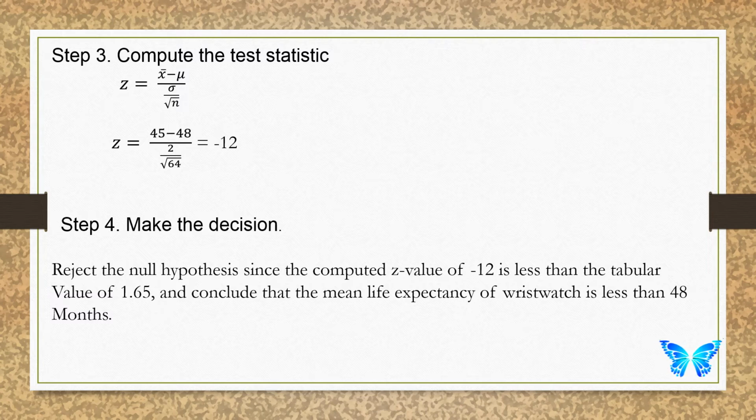Accordingly, from our second step, we reject the null hypothesis if the computed z value is less than 1.65. Here we obtained a value of negative 12, and of course, it is less than 1.65. That's why we rejected the null hypothesis, and conclude that the mean life expectancy of wristwatch is less than 48 months. Okay?